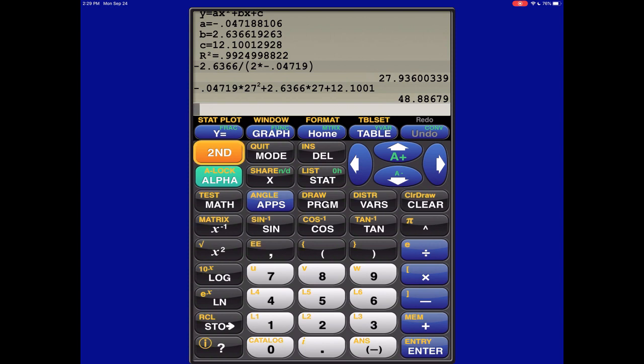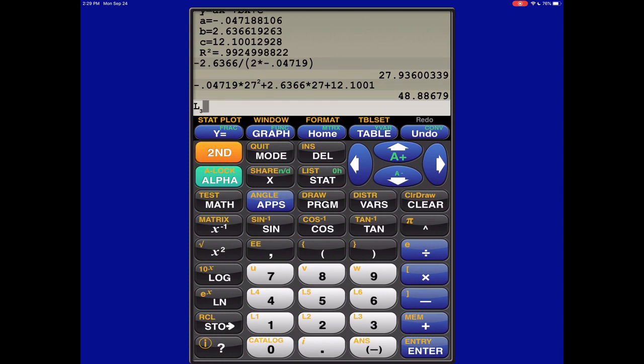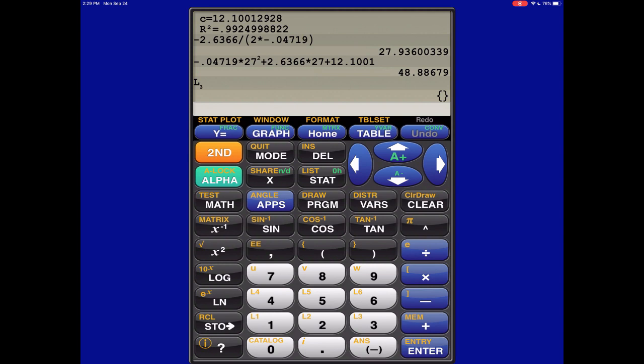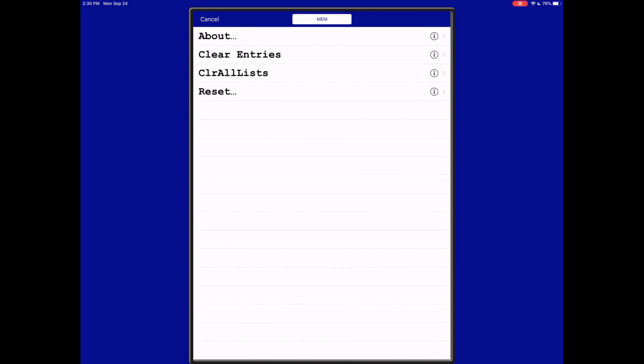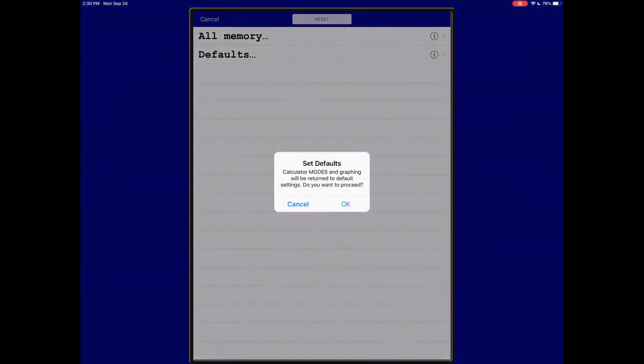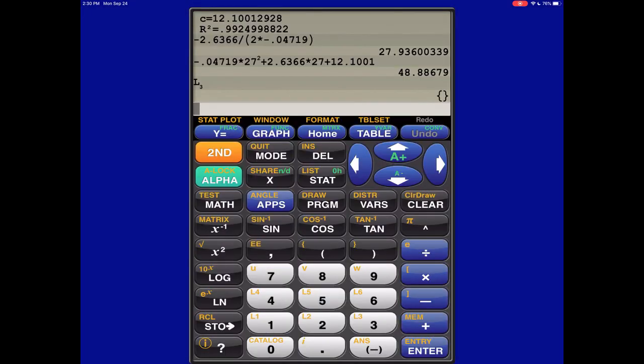And then I try to use second L3. It gives me nothing because there's nothing there. So I want to restore L3. So I want to reset my defaults. And what this does is it clears everything. So it's even going to delete those two lists I just did.